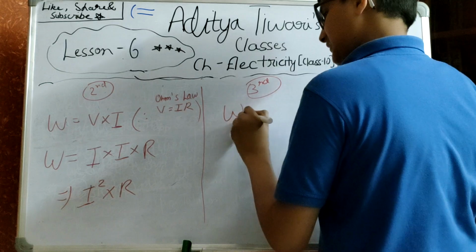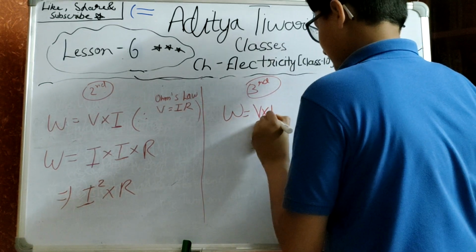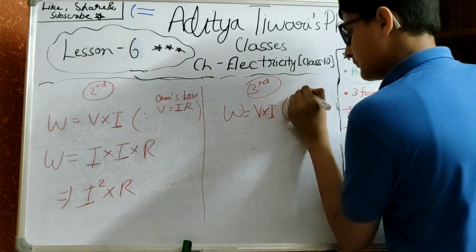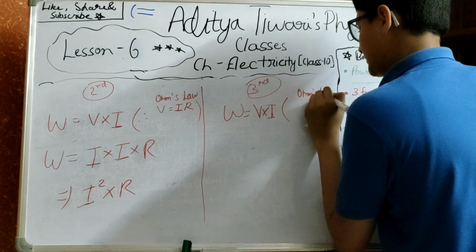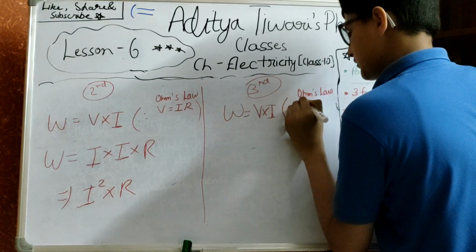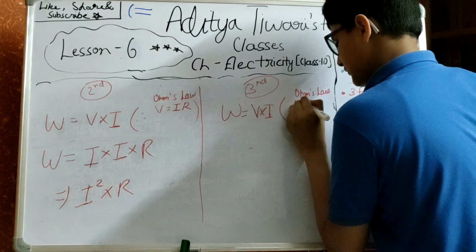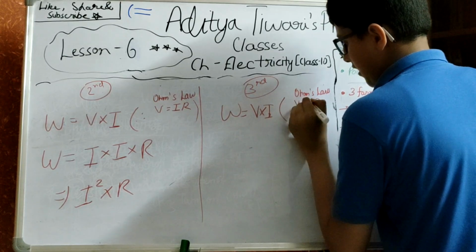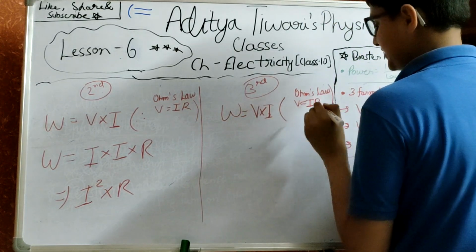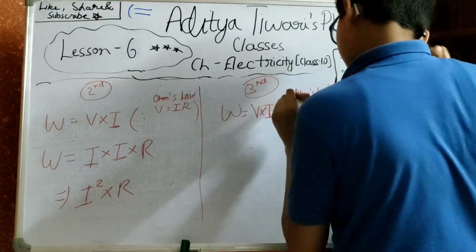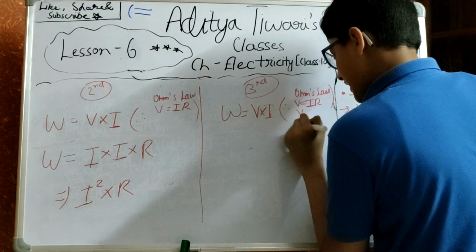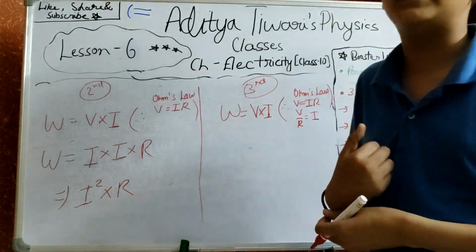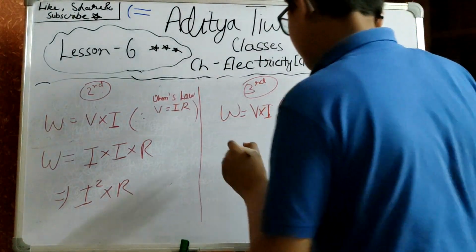Now again this is almost the same thing, just the substitution is different. From Ohm's law, V is equal to IR, but the substitution we get this time is V by R is equal to I. This is important when you have resistance type questions.